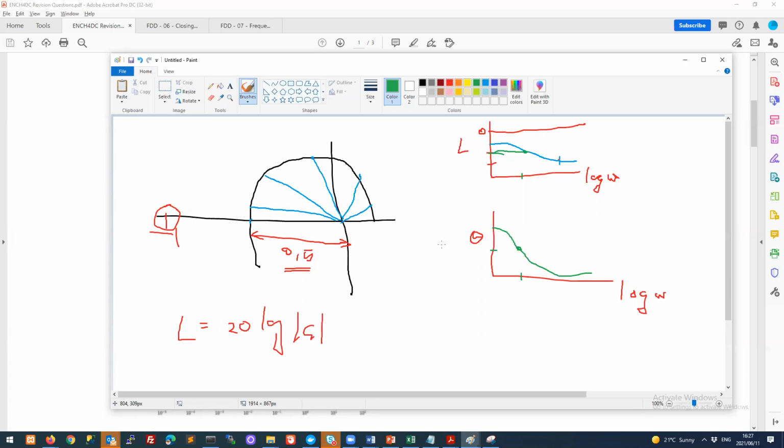So we don't use the 0 and then move to the theta. We do it the other way with the 180 degrees and then move to L. So when we are trying to get the gain margin, that's what we do, right? When you are trying to figure out in terms of magnitude how far away, then yeah, you start with the angle and then you can kind of work it out backwards.